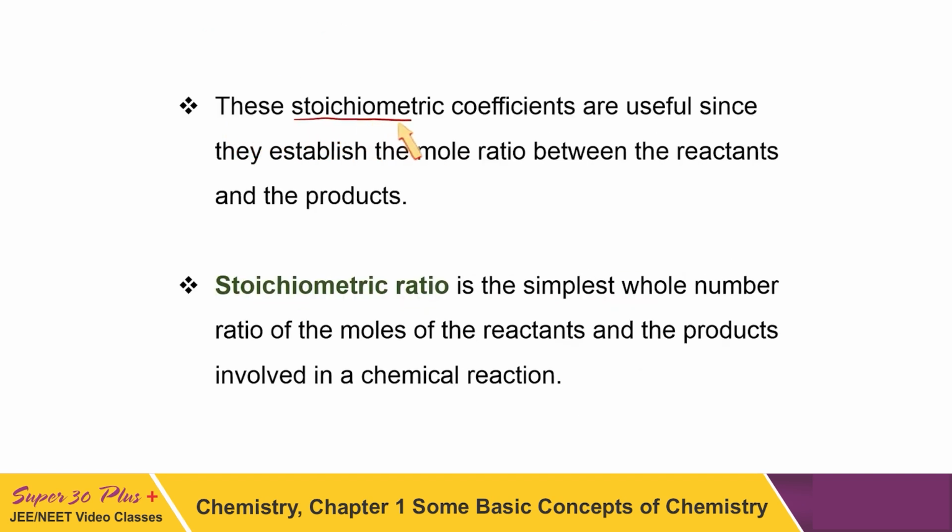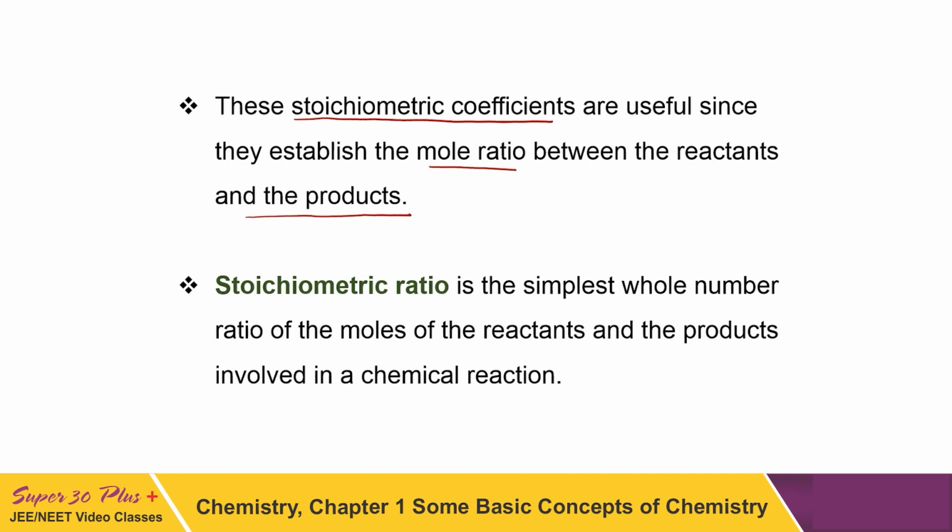These stoichiometric coefficients are useful since they establish the mole ratio between the reactants and products. Are you getting the meaning of this point? Suppose you have to establish a relation between two different reactants, or two different products, or one reactant and one product: how much amount of reactant will be consumed and how much amount of product will form.